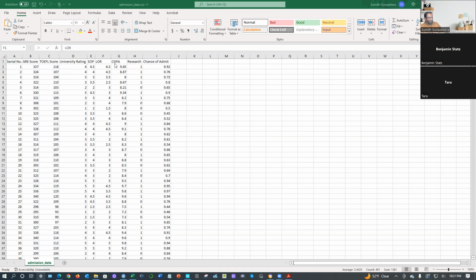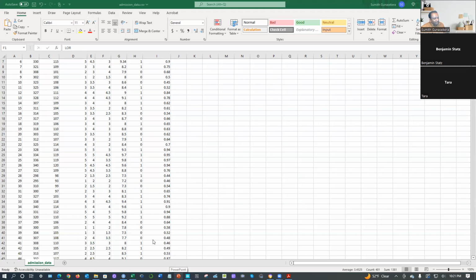But the GRE score, graduate record exam, you need in order to go to grad school. Some schools, some programs, they don't take GRE into account, but most of the time, regardless of you being international or domestic, most universities require GRE. TOEFL, this one. So for the admission, university rating like that.